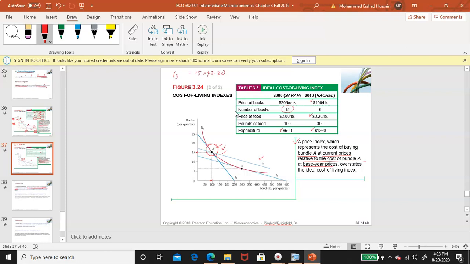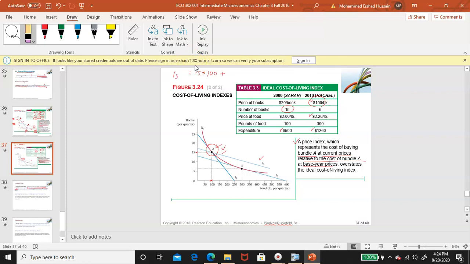So 15 books at 100. Sorry, it is not 2.2, it is 15 multiplied by 100. So that is the cost of 15 books, and then this will be 15 multiplied by 100, and this is 100 multiplied by 2.2.